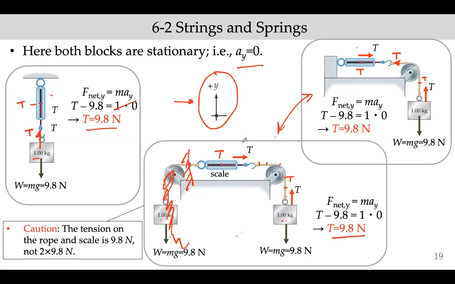So this turns into this problem. We are not really changing anything. You can have a mass here enabling the equilibrium, or you can have a wall, and this is tied to the wall. It's the same thing. That's the reason why in all of these cases, the tension is the same.